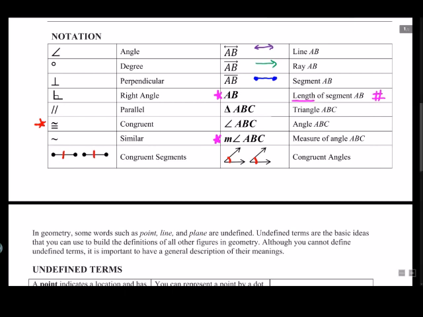This says length of segment AB. This is length of AB, and you need to read it like that. You don't just read this AB, you read this length of AB, or length AB, I will accept. It is a number. This next one here, measure of angle ABC. Measure, again, is a number.